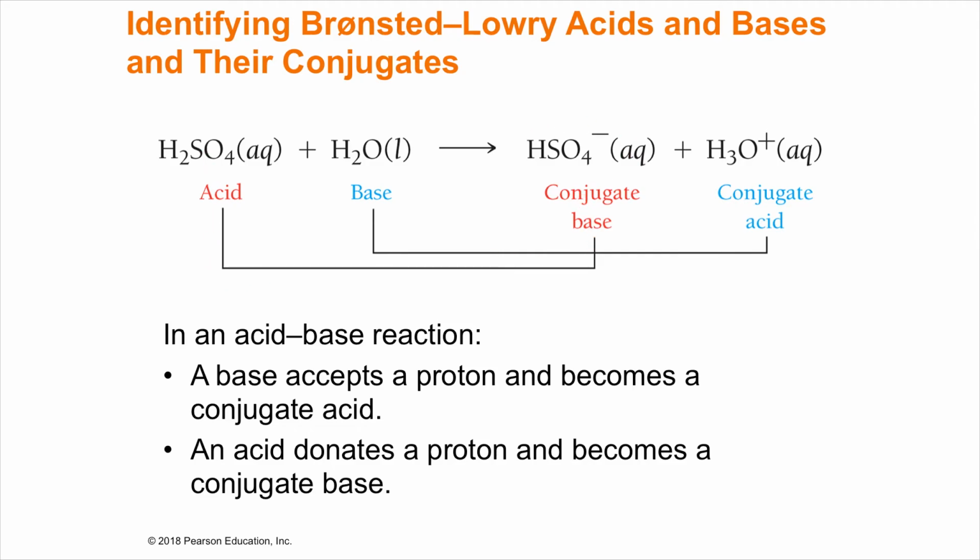H2SO4 became HSO4 with a 1 minus charge. Well, that lost a hydrogen ion. So that must be a proton donor. H2O became H3O plus. Well, that had to be a proton acceptor.